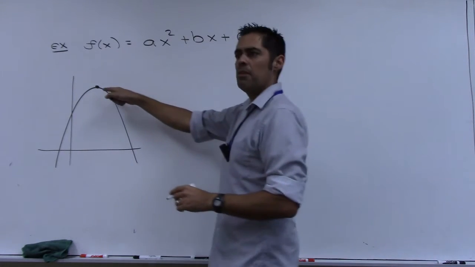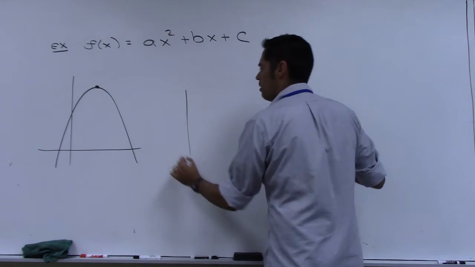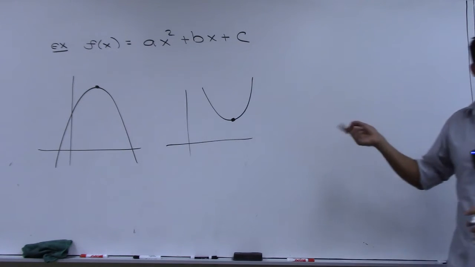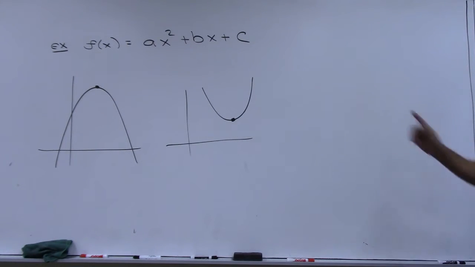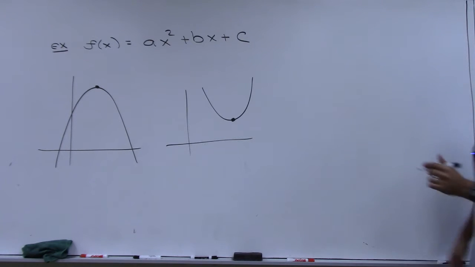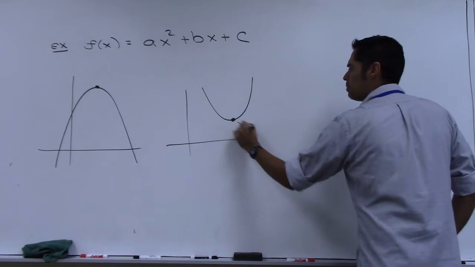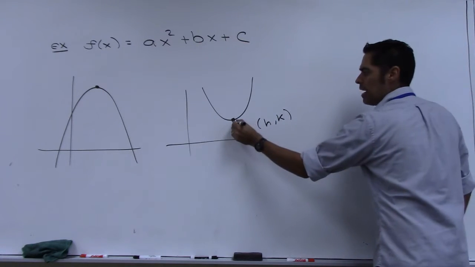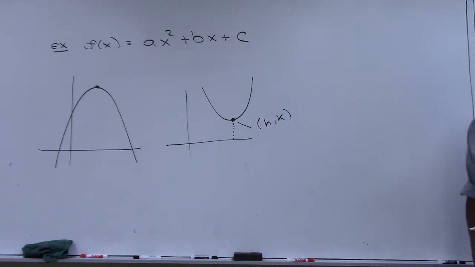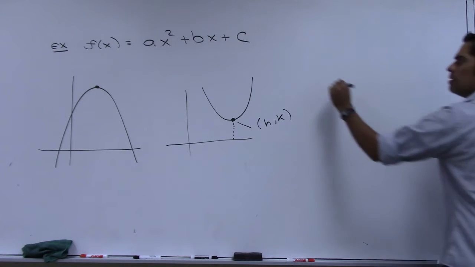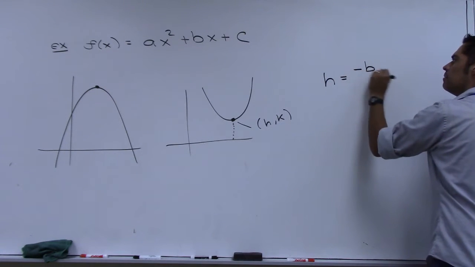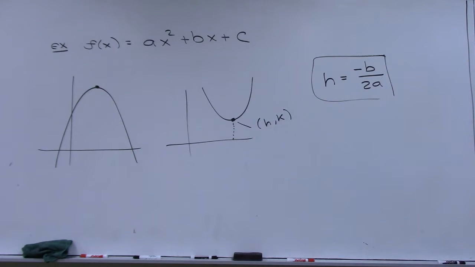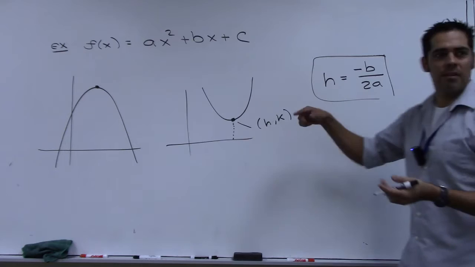It's the highest point on the parabola. If the parabola opens up, it would be the lowest point. And do y'all remember seeing a formula for that? We call this point (h, k). H was the x coordinate. H is -b over 2a. Do you remember seeing that formula? K is that plugged in.